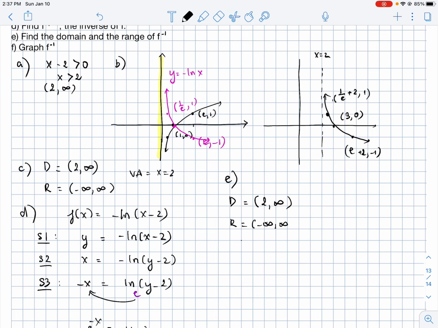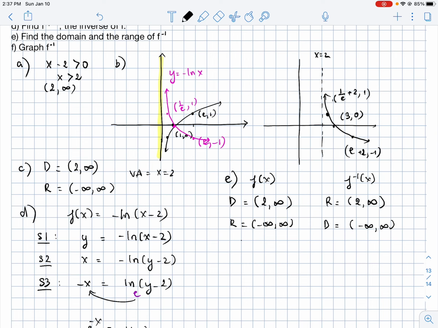And the range is from negative infinity to positive infinity. That is the function f of x. So now I want to find the domain and the range of f inverse. So what should I do? I just need to switch, right? So the range of f inverse will equal the domain of the function f: 2, infinity. And the domain will be negative infinity to positive infinity.